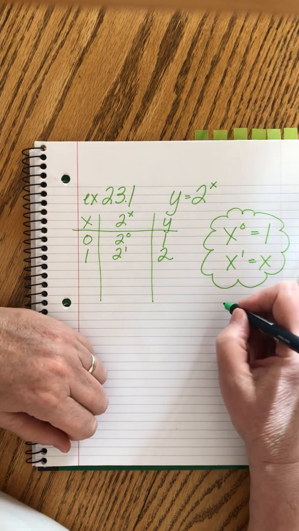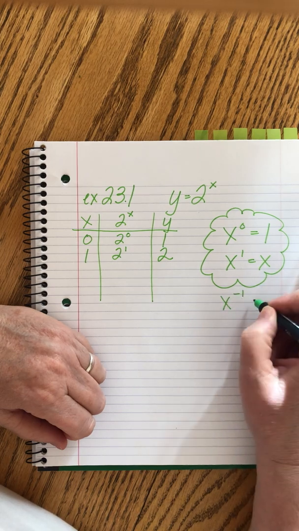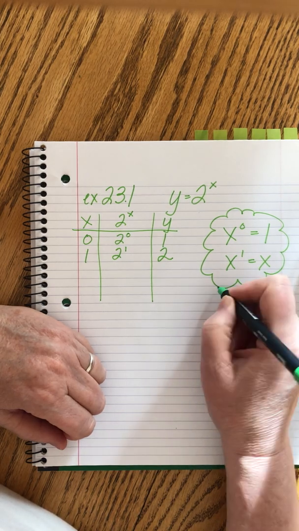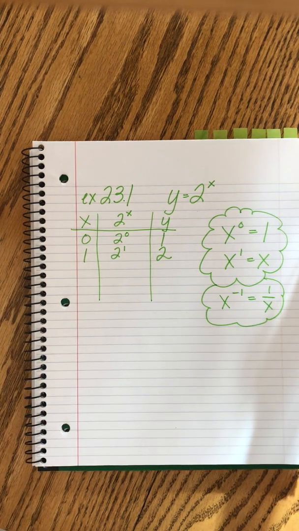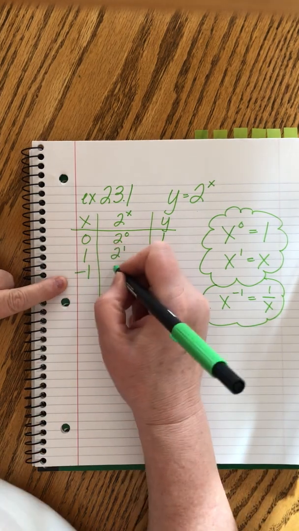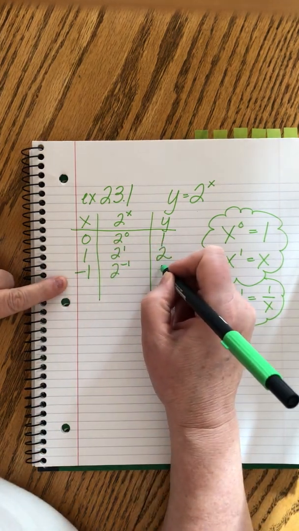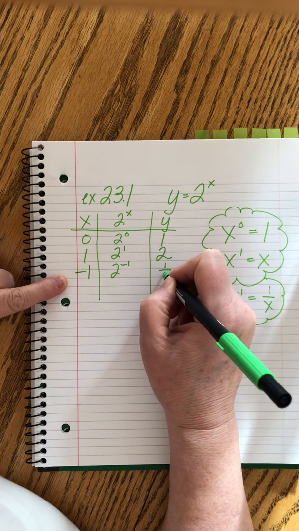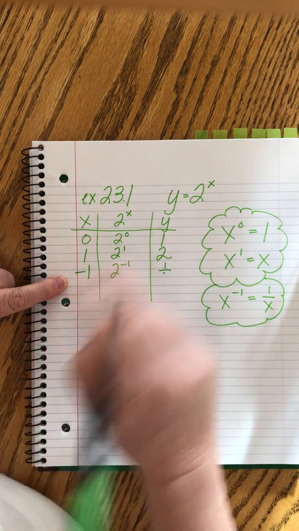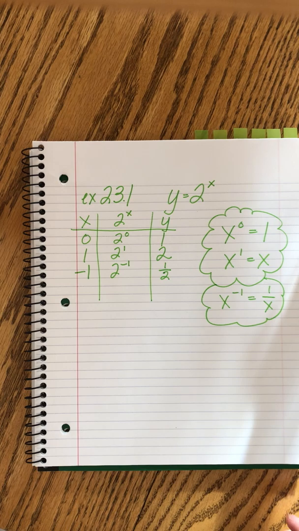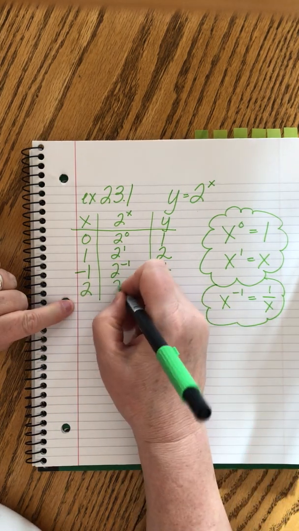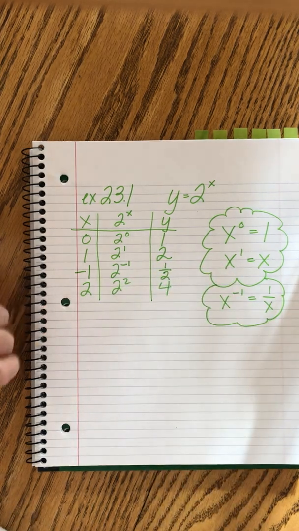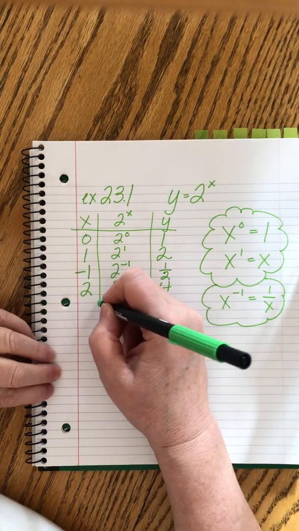And let me add a third one to this. x to the negative 1 equals 1 over x. Let's add that to our list of easy things to calculate. 2 to the minus 1 would be 1 over 2, right? 1/2. Okay? And then let's just throw in this one. 2 squared equals 4. And I want to do one more.